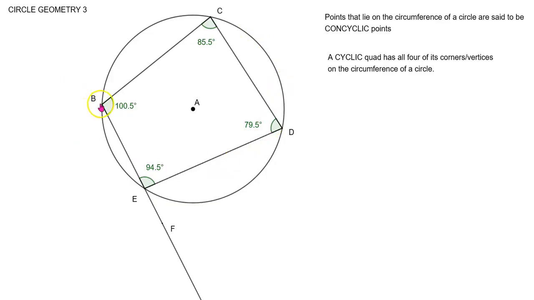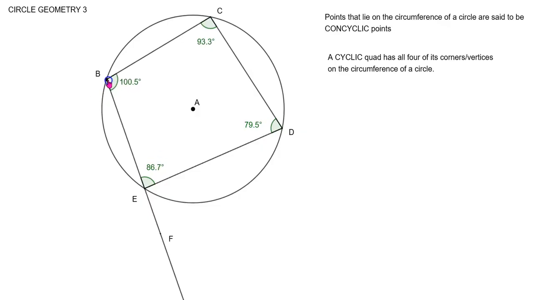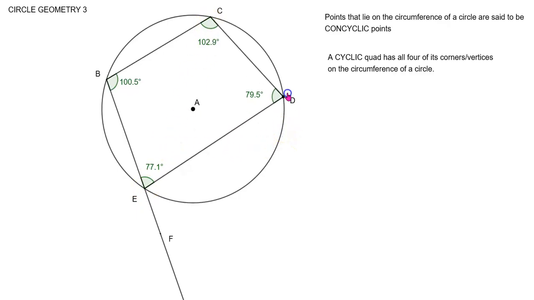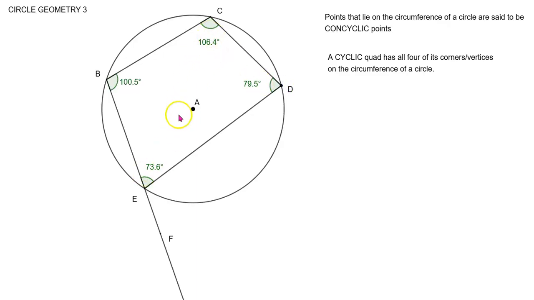If we move these points around, you'll see that the angles change, but the opposite angles still add up to 180. You'll notice the angle B and D didn't change, and that's because I haven't moved its feet, these points C and E. If I move the point D, again, I can see the opposite angles are supplementary.